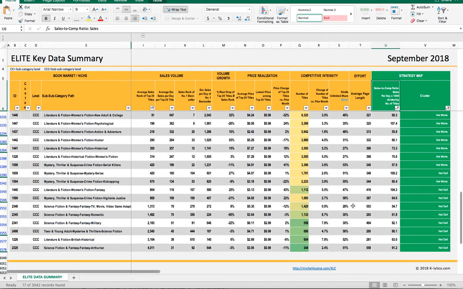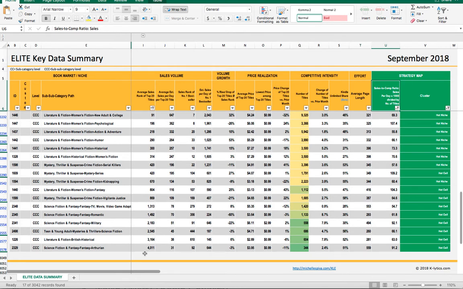Play around with it for what you are interested in. Now, again, how do I know what the average daily sales are going to be based on a sales ranking? Well, he has a special report in K-Lytics that will tell you. But if you don't want to pull that up, put in a sales rank, find it here, and look at what it looks like for that average.